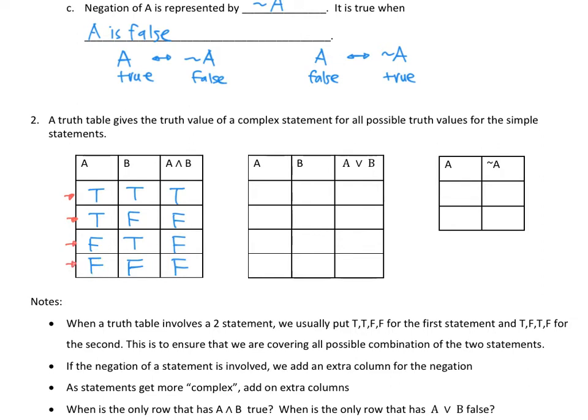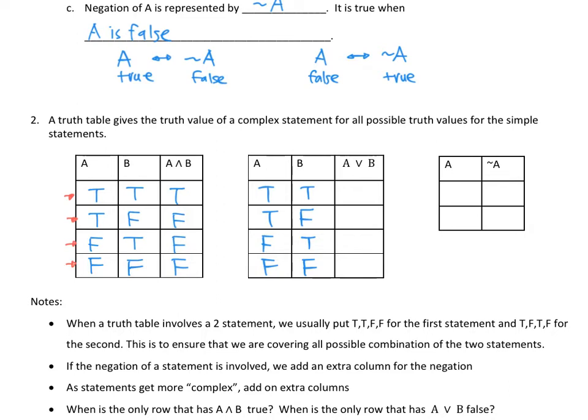How about A or B? A or B is true either when A is true or B is true, or even when both are true, then A or B is also true. In order to fill out the table, the first 2 columns start out the same way: T, T, F, F, and T, F, T, F. That's a pretty typical way of starting out.